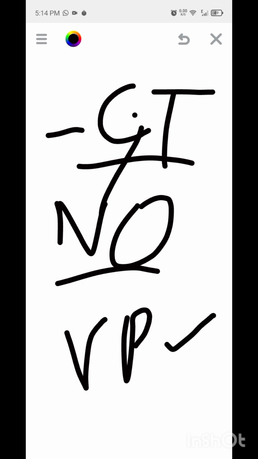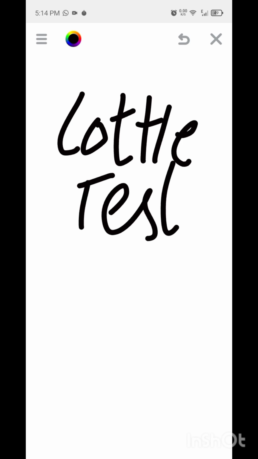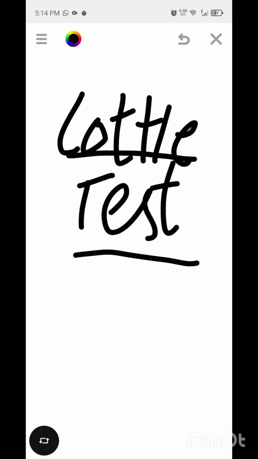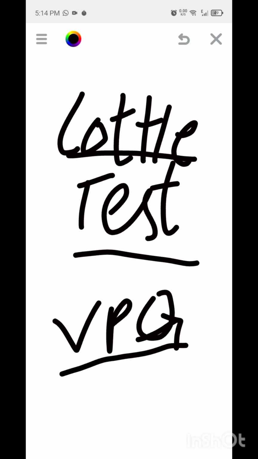What is the Cottle test? We draw the patient's cheeks laterally. If the breathing or the symptoms improve, then it means there is a vestibular part obstruction. We draw the patient's cheeks laterally, and if the breathing or the obstruction improves, then the Cottle test is positive.